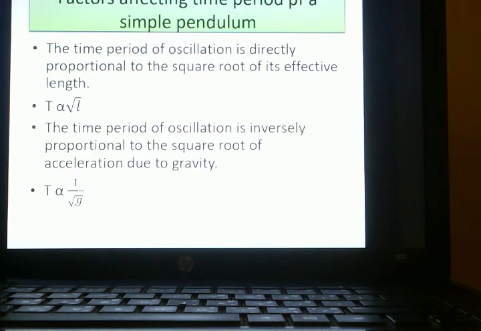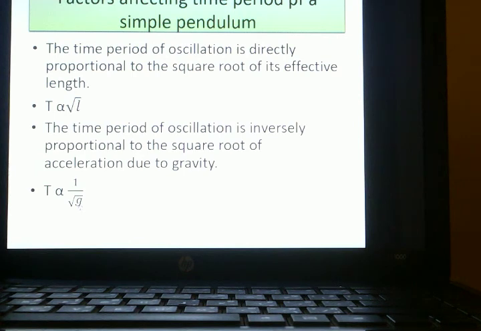Why are we saying it is inversely proportional? Because it is coming in the denominator. Over here previously it was coming in the numerator, so it was called directly proportional. But now it is coming in the denominator, so it is called inversely proportional. So time period is inversely proportional to root g.